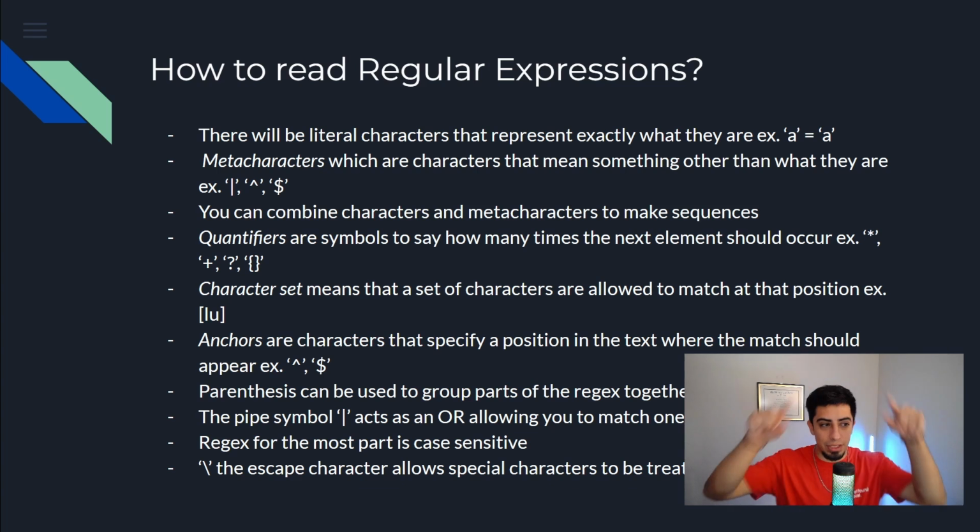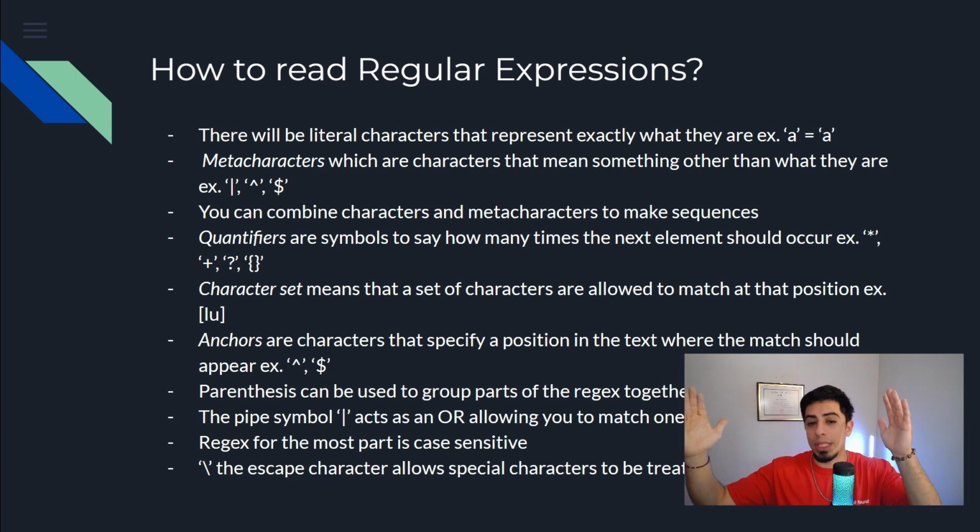So again, like the little brackets, and then there will be characters inside of that. That'll be a character set. Anchors are characters that specify a position in the text where the match should appear. So for a lot of real world examples, you'll have both the little caret hat and then the $ sign at the end, and we're matching everything in between there. So we want a specific match.